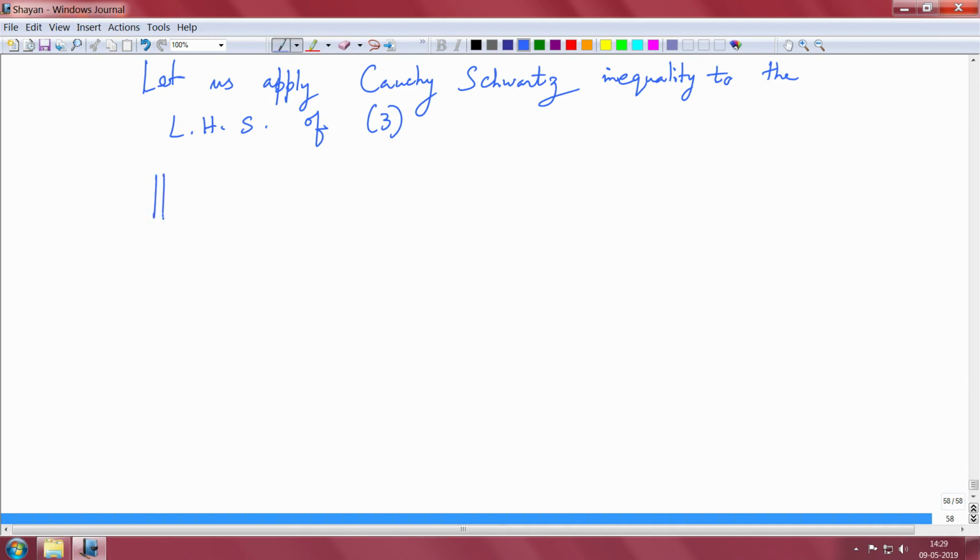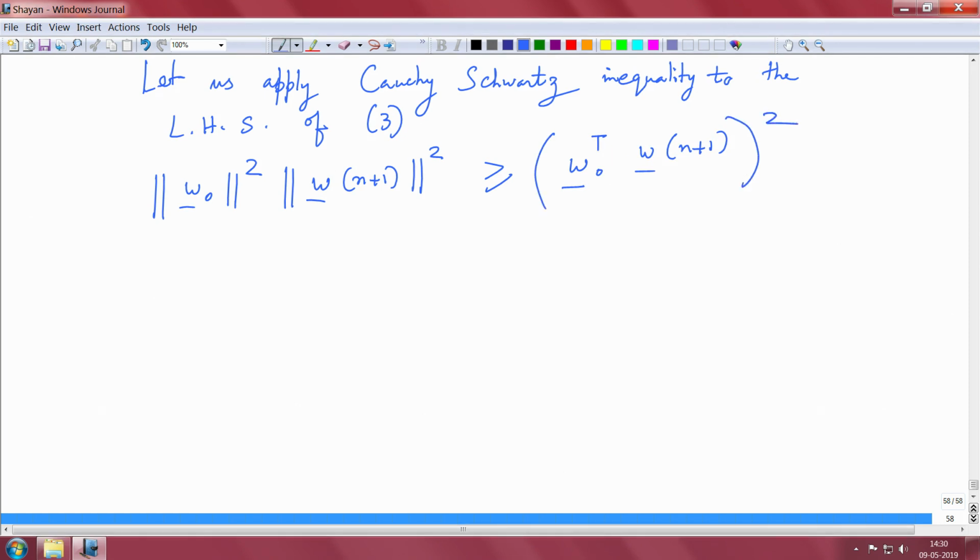So, the norm of W naught square, this is the L2 norm, times the norm of W at time n plus 1 square, this is greater than or equal to W naught times W of n plus 1 square, right.